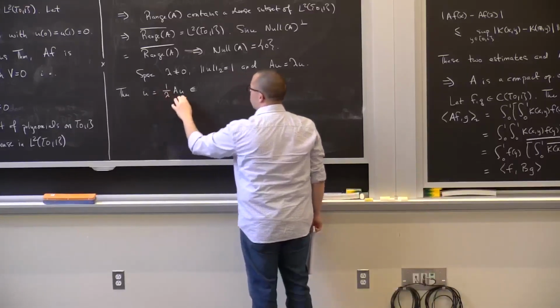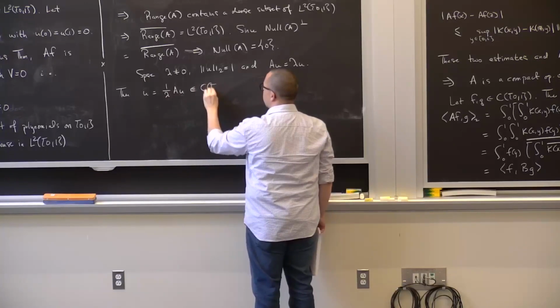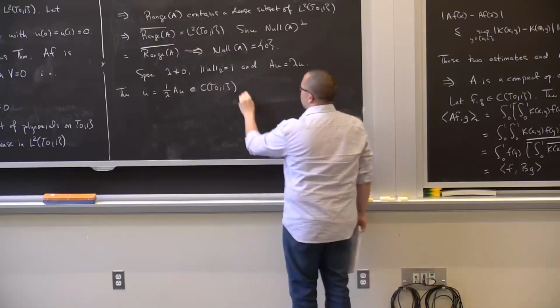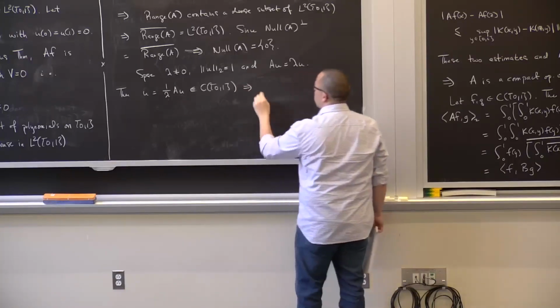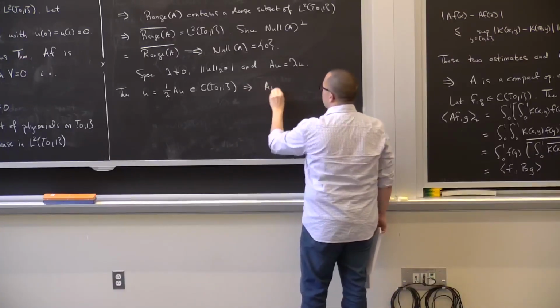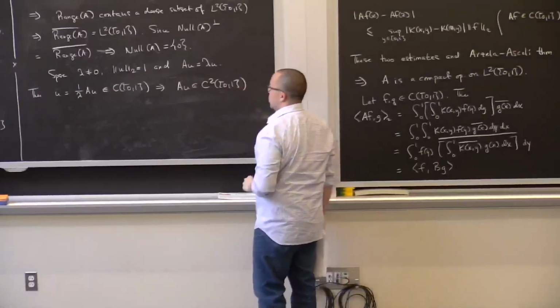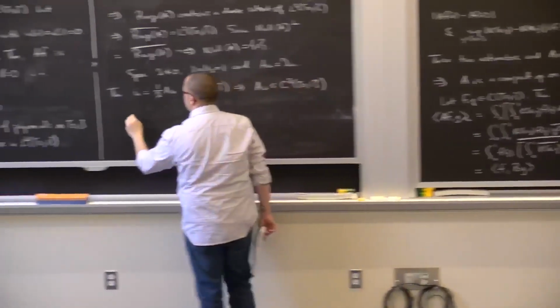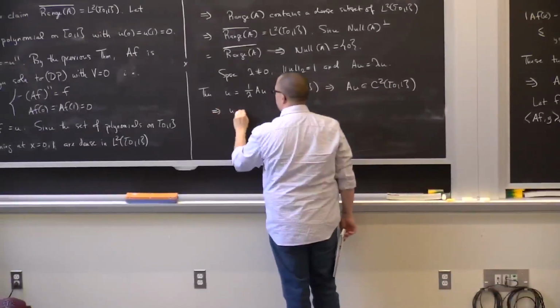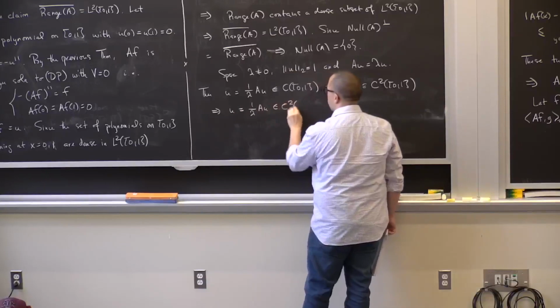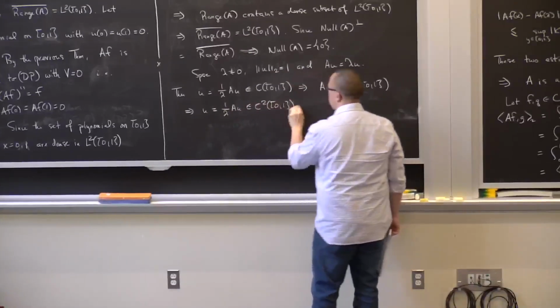So u equals 1 over lambda times this continuous function, which implies that u is continuous. But now we're going to feed that back in, because if u is continuous, then A applied to u is twice continuously differentiable, right? Which implies that u equals 1 over lambda Au is twice continuously differentiable.